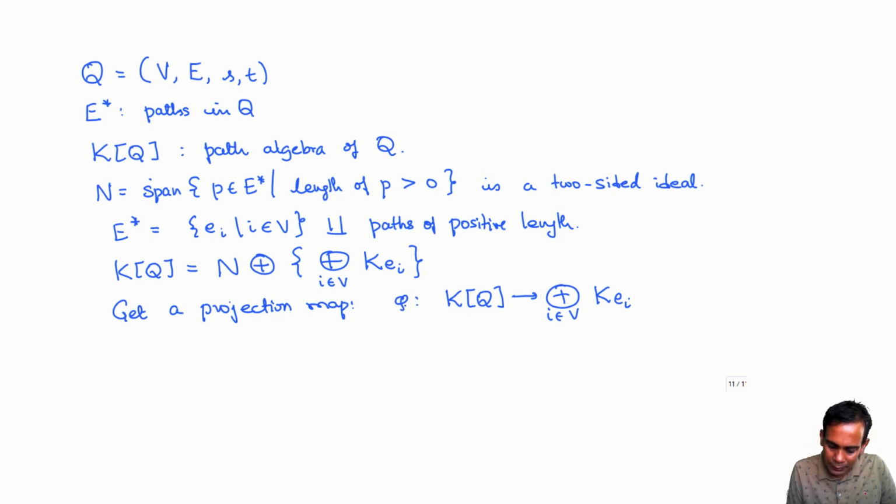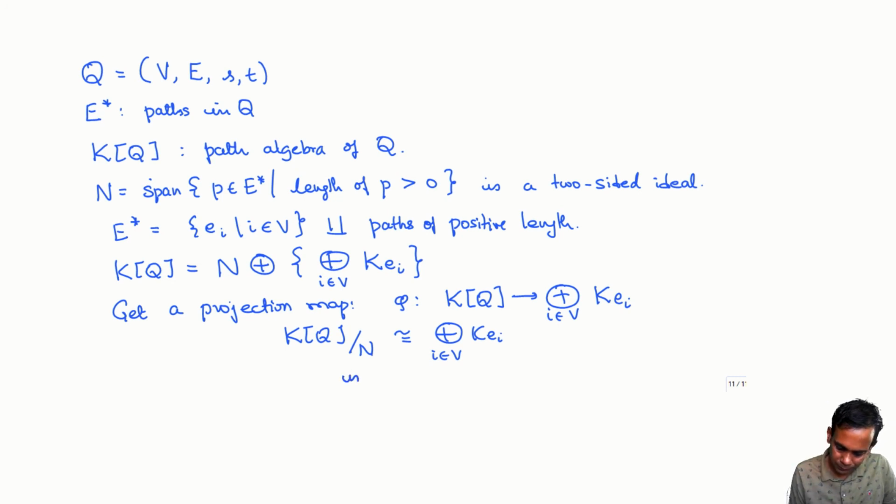Okay, and this linear map phi has kernel exactly equal to n. So what we get is KQ mod n is isomorphic to the direct sum over i belonging to V of K e_i. And this in fact turns out to be a ring isomorphism. How is this right hand side a ring? In this right hand side, the ring structure is just as if we had a quiver with no edges at all.